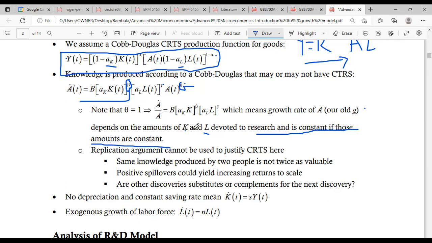Okay, this K and L are also constant. The more you devote amount of capital and labor to research, the more you expect it to increase.